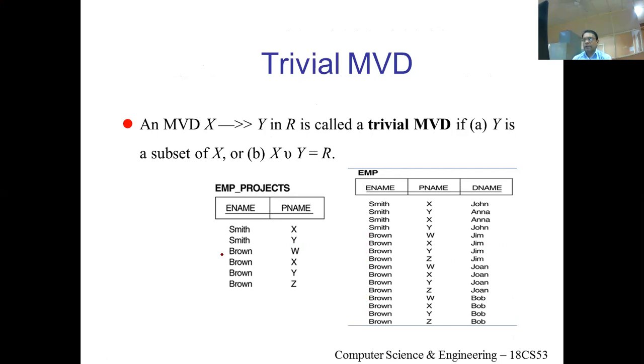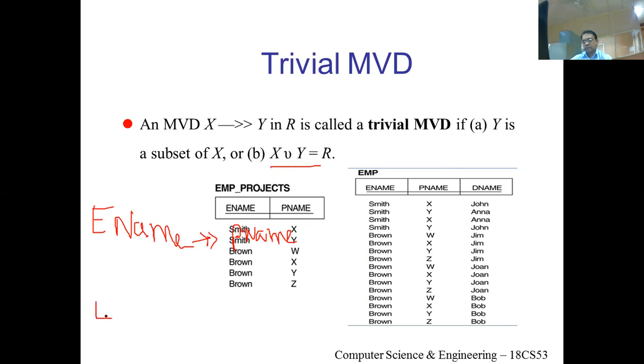A multi-valued dependency X multi-determines Y in R is called trivial if Y is a subset of X. If Y is a subset of X, we have a multi-valued dependency, for example employee name multi-determines project name. So Y is not a subset of X. The second condition holds good here: X union Y is equal to R. So this kind of dependency is a trivial dependency.